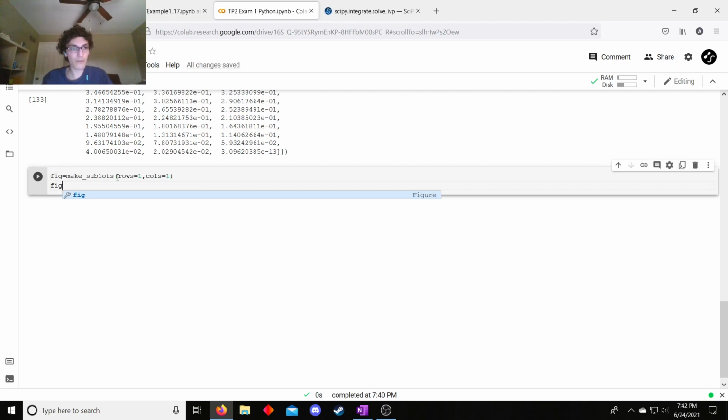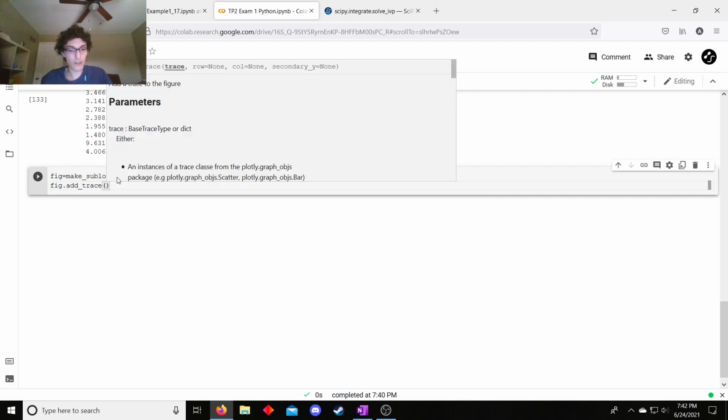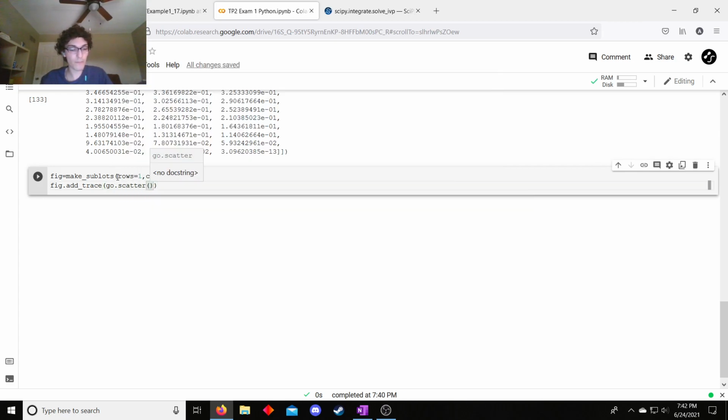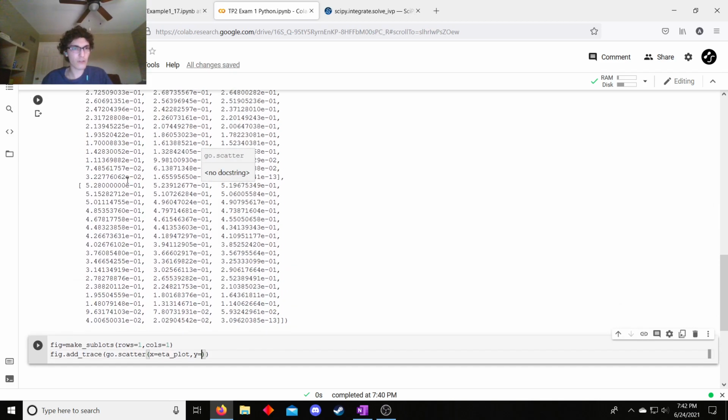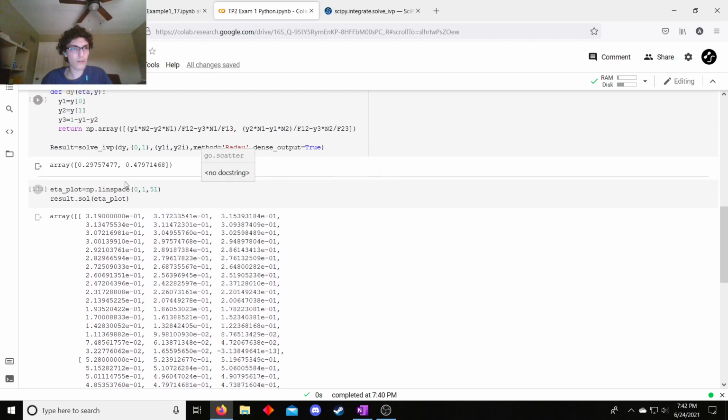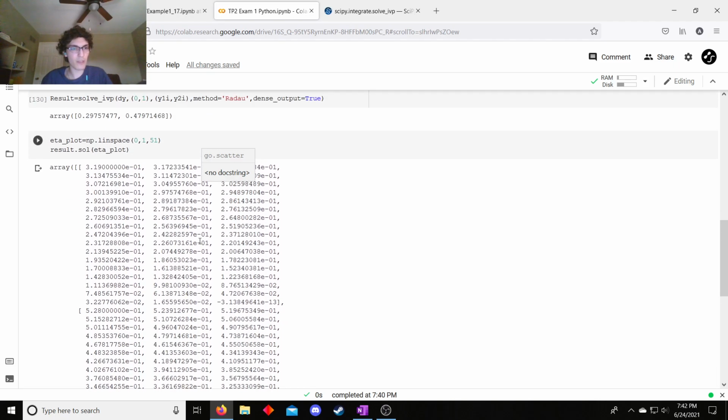Okay, and then we're going to do figure.add_trace. This is going to add a line. Graph objects, which we imported before. Let's do scatter. We have x equals eta plot. Yep. And we have y equals, so y is going to be these numbers here.